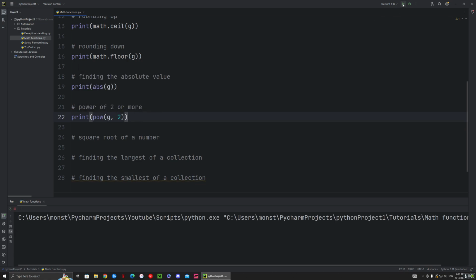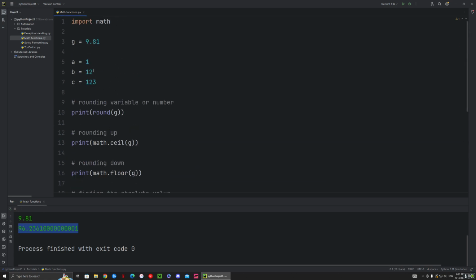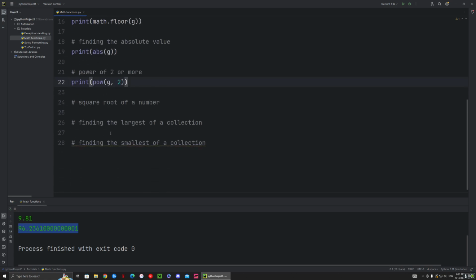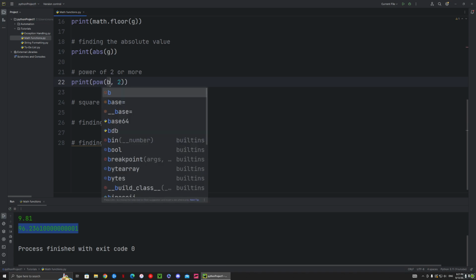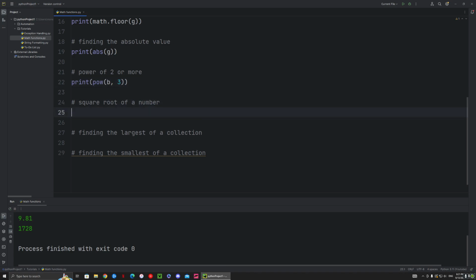So G times G, and it'll be this much. Let's use an easier one so it's easier to calculate. Let's say 12, which is B. B squared should be 144. Yeah, that's correct. And if you multiply it 3 times, so to the power of 3, it's this much, and you get the point.